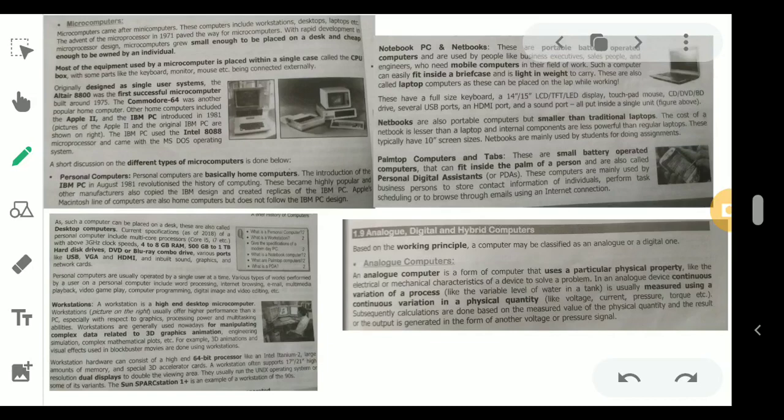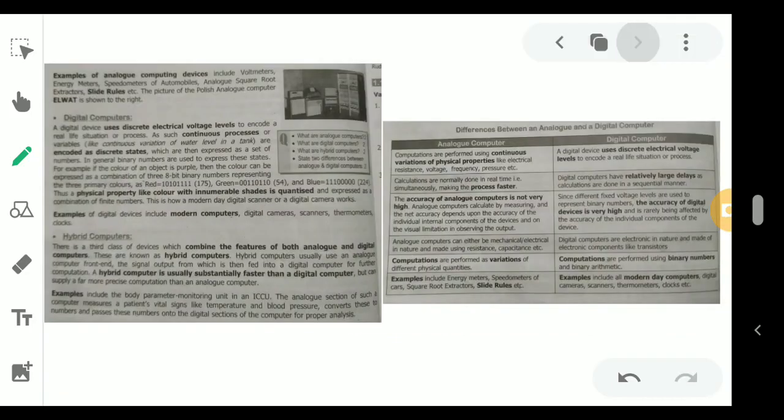What are those physical quantities? Like voltage, current, pressure, etc. Subsequently, the calculations are done based on the measured value of a physical quantity, and the result or output is generated in the form of another voltage or pressure signal.